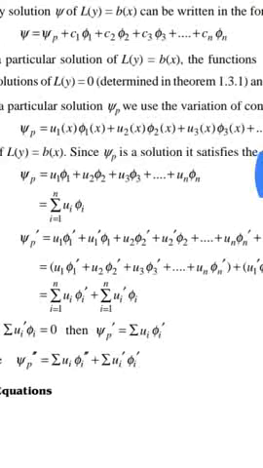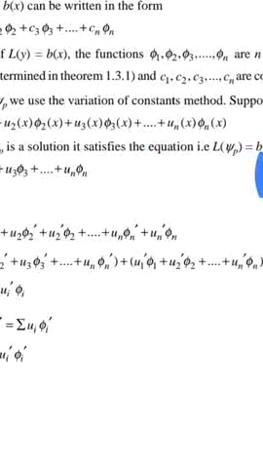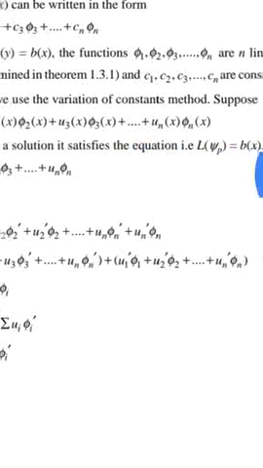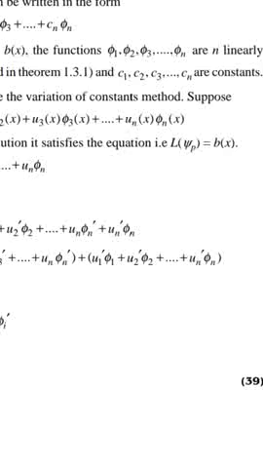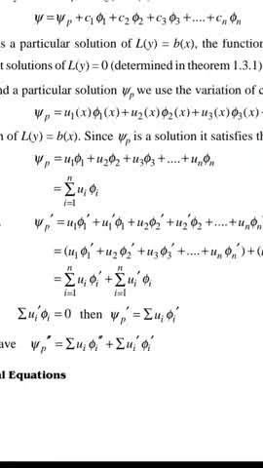Since psi p is a solution, it satisfies the equation L(psi p) = b(x). Psi p = u1 phi 1 + u2 phi 2 + u3 phi 3 + ... + un phi n = summation of ui phi i, i = 1 to n.